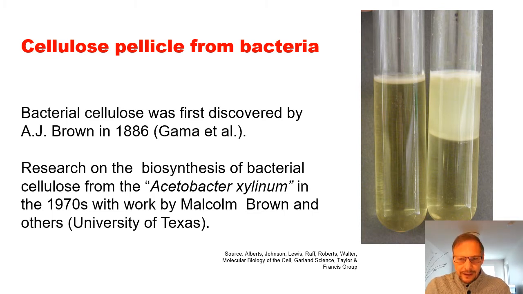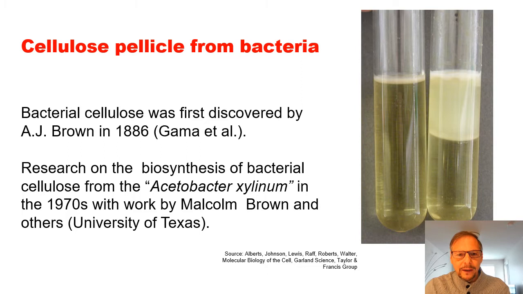Bacterial cellulose, that is again produced by a microorganism, is what you see on the right. In a test tube, we have a culture medium. In that culture medium, we have a microorganism, and among the many microorganisms that exist around us, there is one that produces, or several species that produce a pellicle close to the surface, and that type of microorganism we call cellulose producing bacteria.